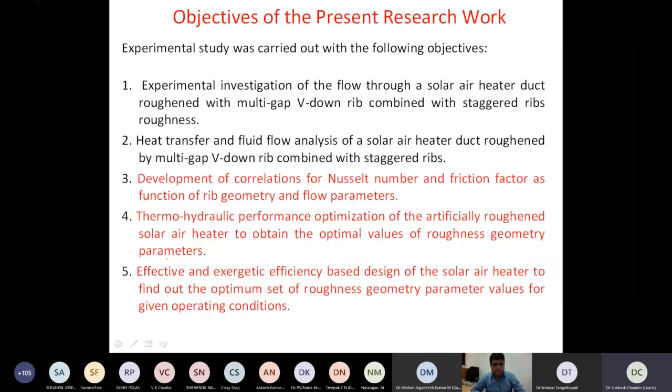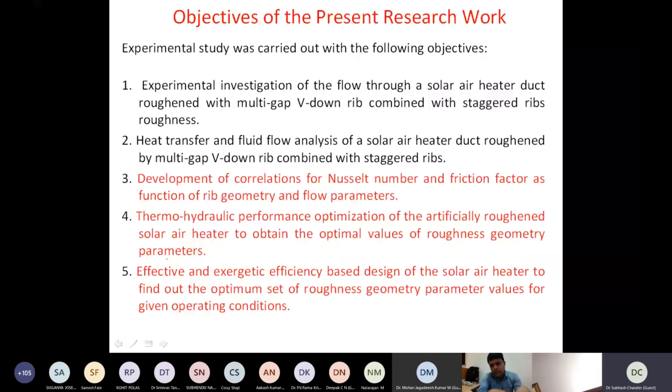But as I said, it is a procedural way of investigating any roughness. It's not limited to this rib. You can talk about any enhancement element or any technique which you are using. We discussed many techniques in the beginning, and you can select any of those techniques.